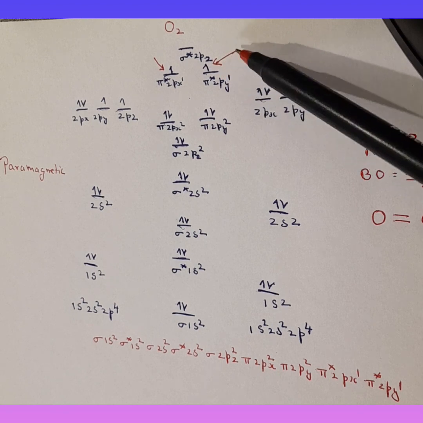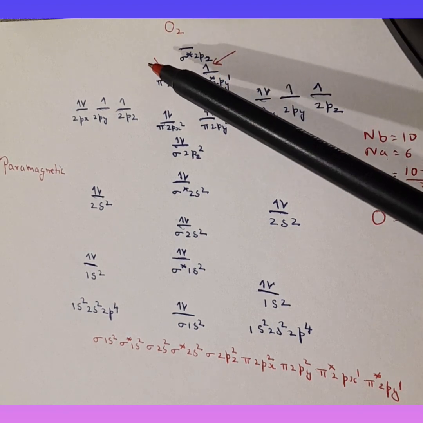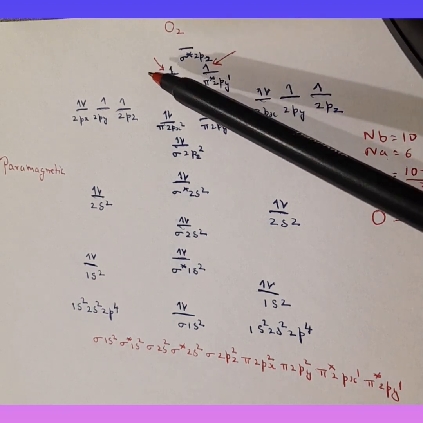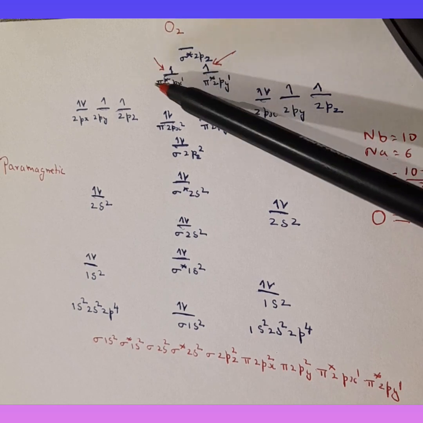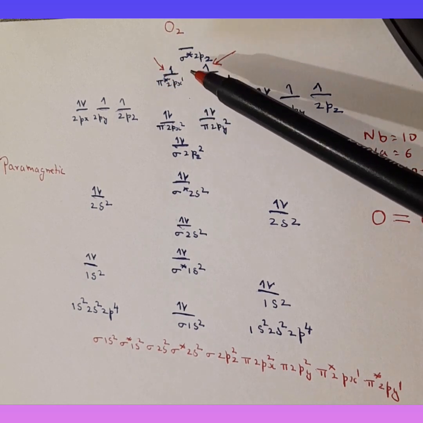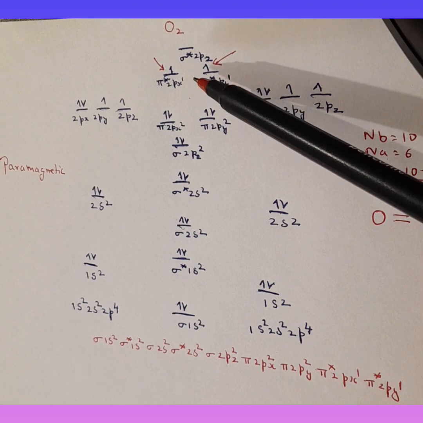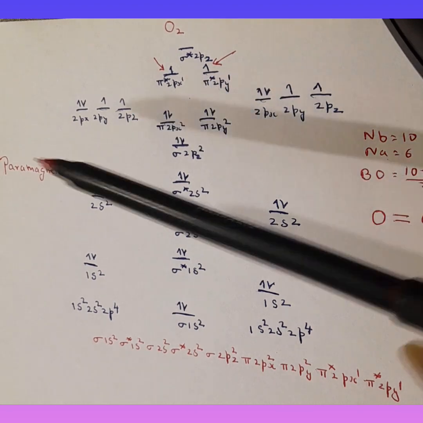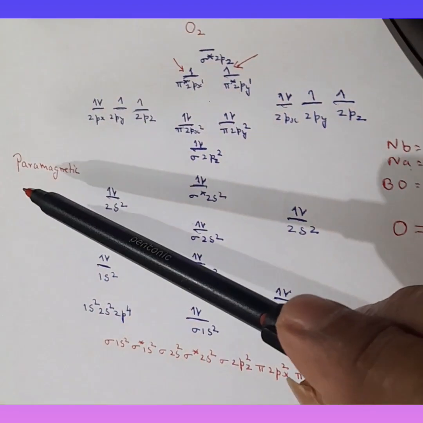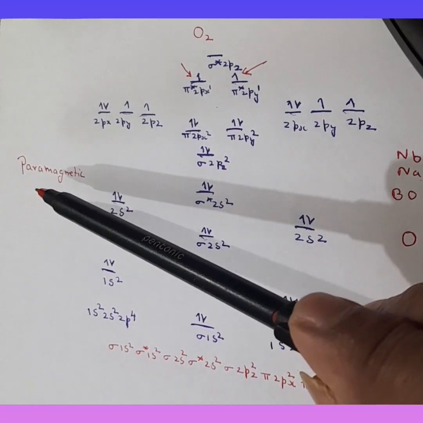I have marked an arrow over here just to make you aware that ultimately we are ending up with unpaired electrons. So when there are unpaired electrons, that itself means it is paramagnetic. Alright, so it's paramagnetic.